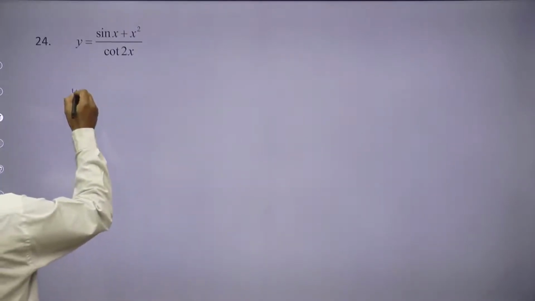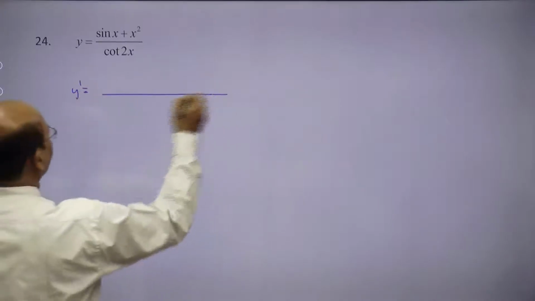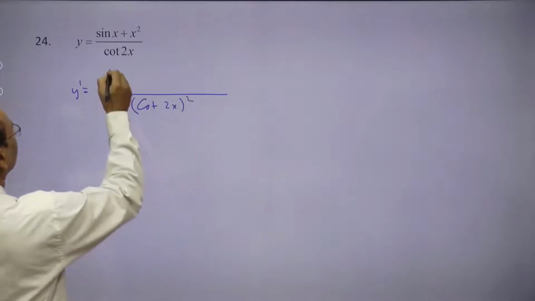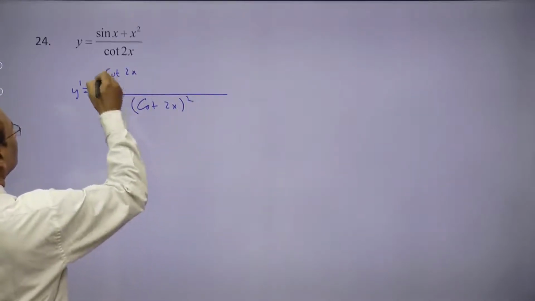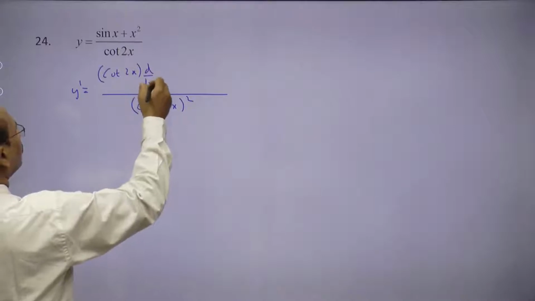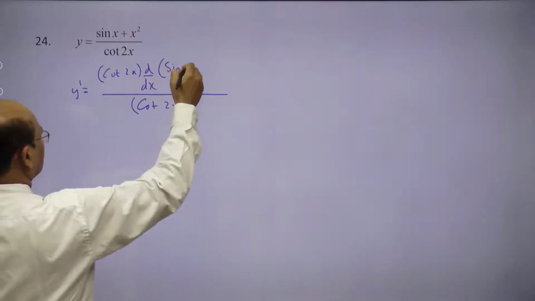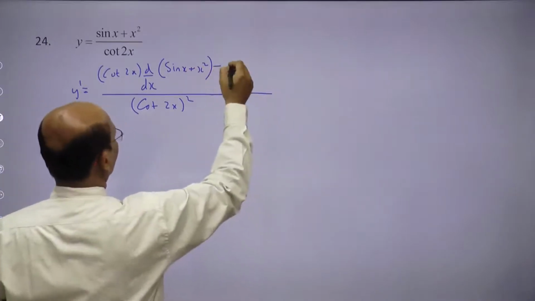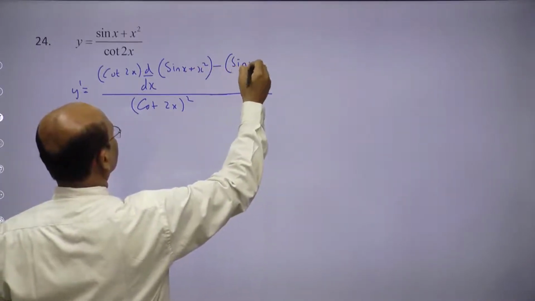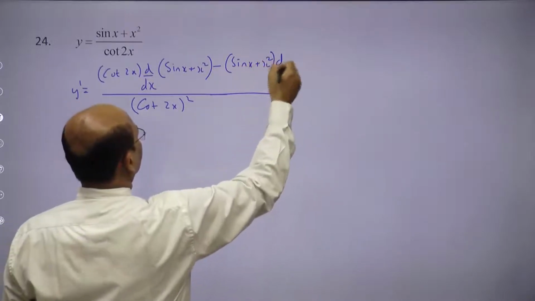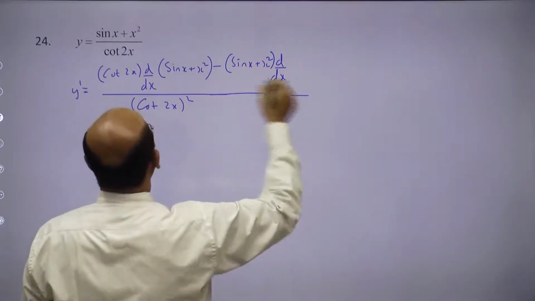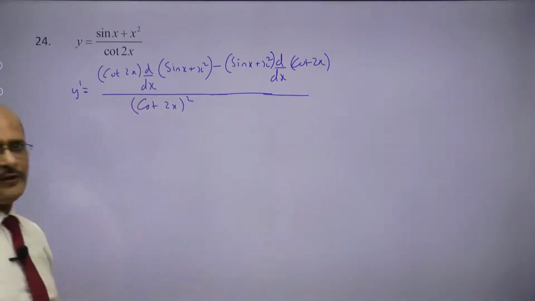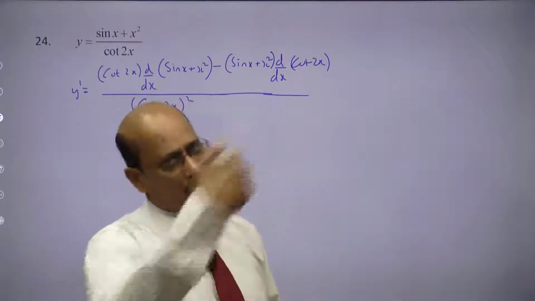So y dash, again u by v now, v square, v derivative of u minus u derivative of v. Simple working. v derivative of u minus u derivative of v upon v square.